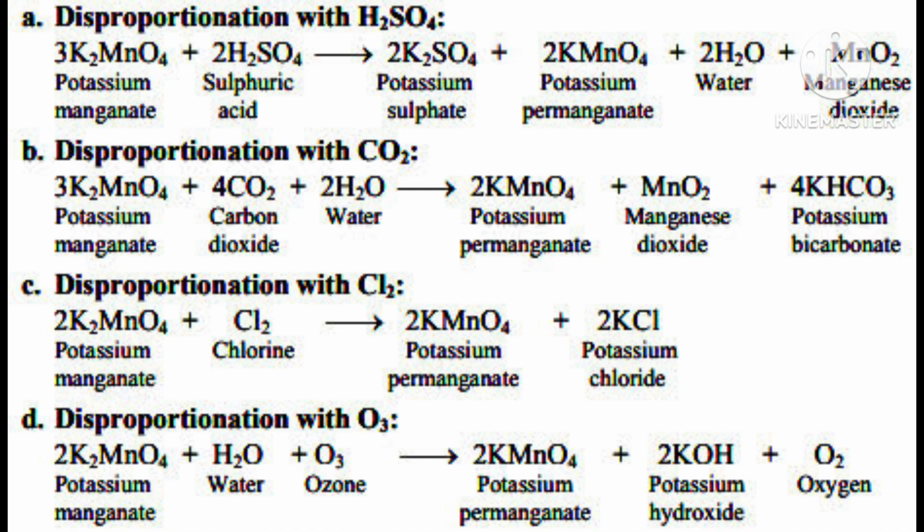This is the iodate, remember that. Because the reaction is neutral, that's why H2O is used. 2MnO4- plus H2O plus iodide ion I- gives 2MnO2 plus 2OH-. OH- is basic, so neutral is giving basic, no problem, plus IO3-. This is the main product.